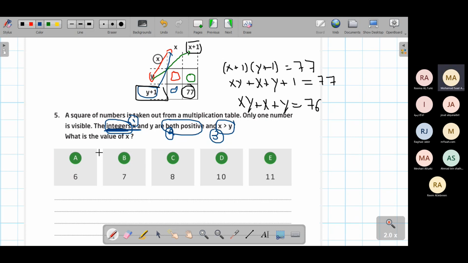I need to try from the first to the last. I will start with A, then B, then C, then D, then E. So let's start with A.